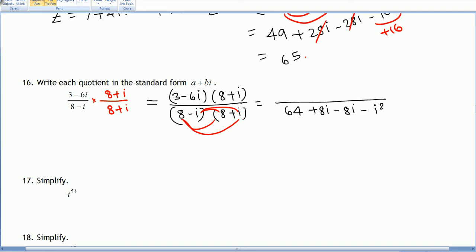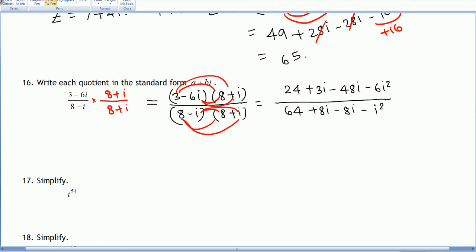On the top, same thing, we just distribute. We get 3 times 8, 24; 3 times i, plus 3i; negative 6i times 8, negative 48i; and negative 6i times i, negative 6i squared.